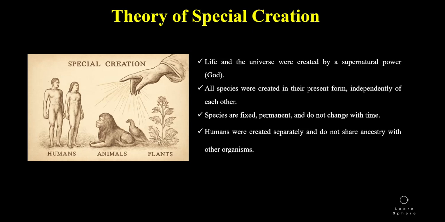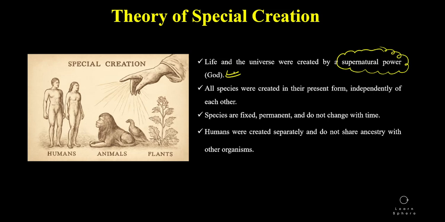There are various theories which try to explain the origin of life on earth. We will study these theories one by one. Let's start with the theory of special creation. This theory states that life and universe were created by a supernatural power, which is God.